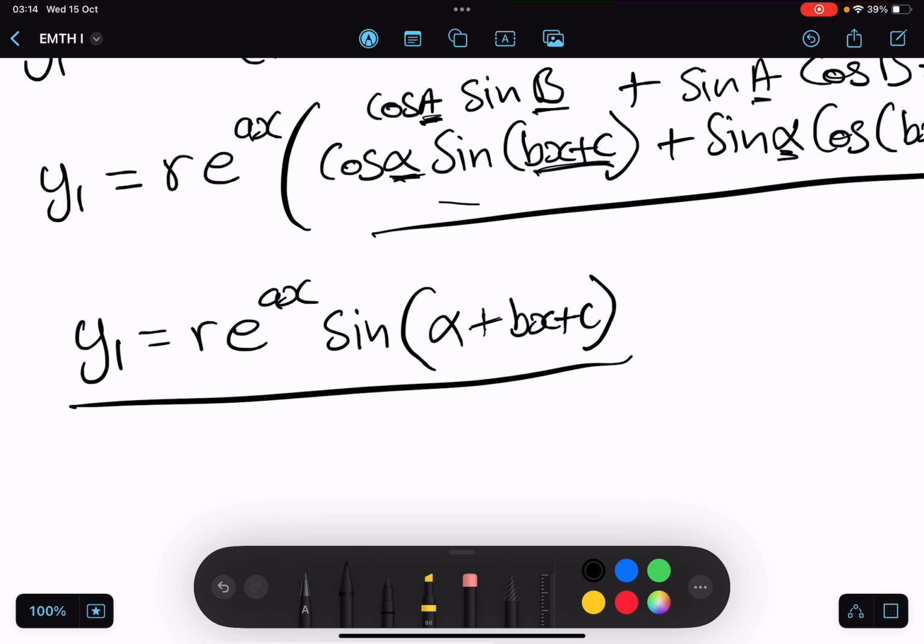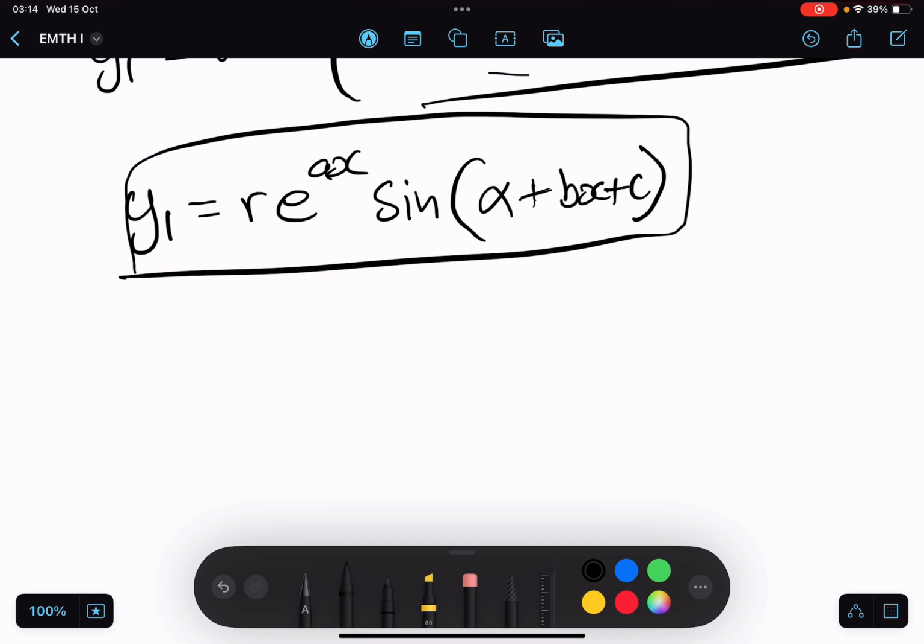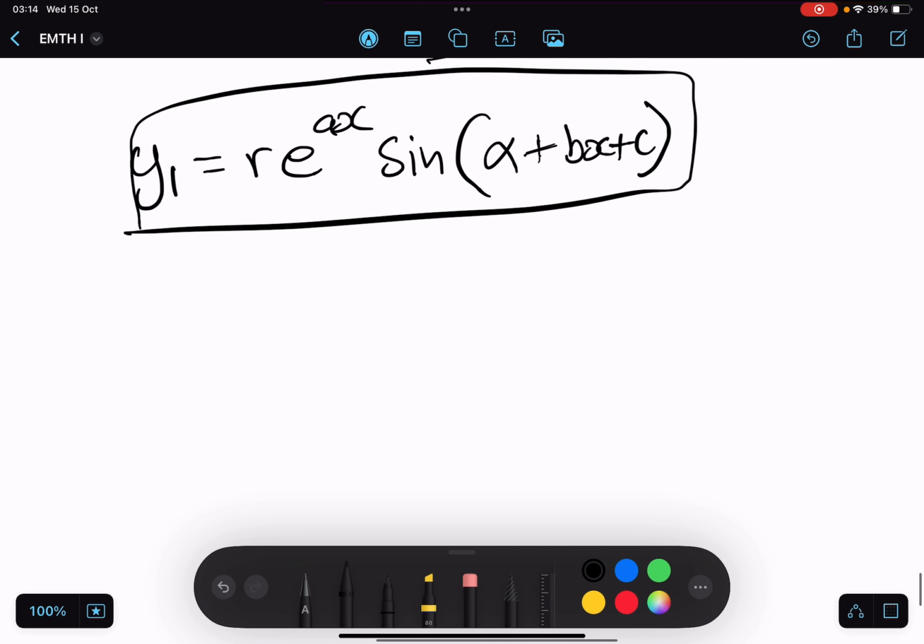So now we've reduced y1 into this form, right? So from here we can also find y2.